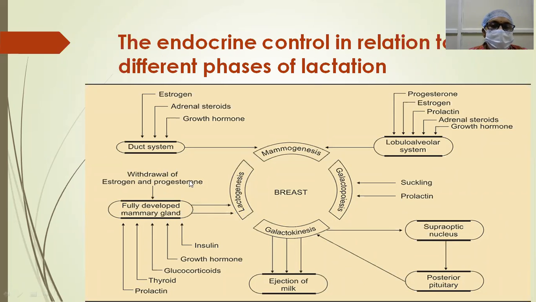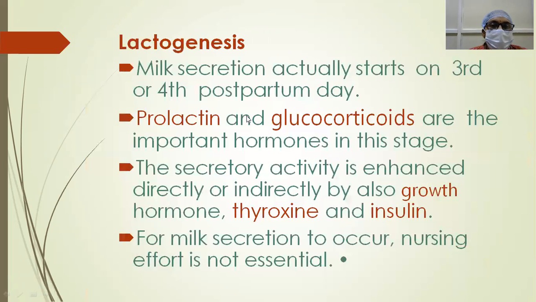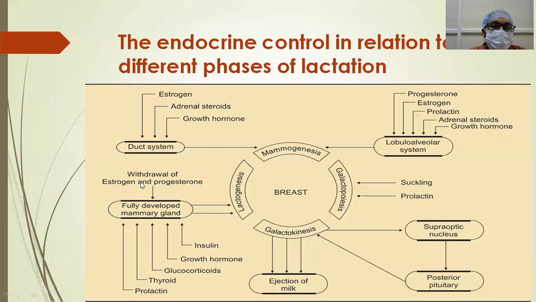So when does lactogenesis start? After delivery, and milk secretion actually starts from the 3rd or 4th postpartum day. Here you can see there is withdrawal of estrogen and progesterone, and the influence of the hormones insulin, growth hormone, glucocorticoids, thyroid and prolactin on the fully developed mammary gland.